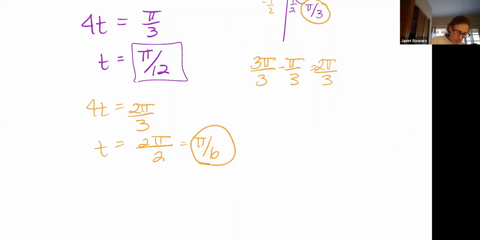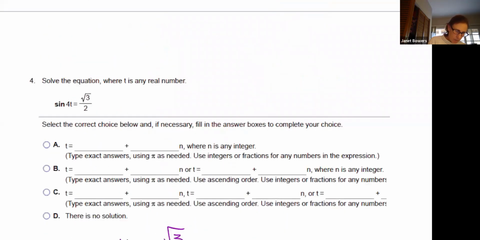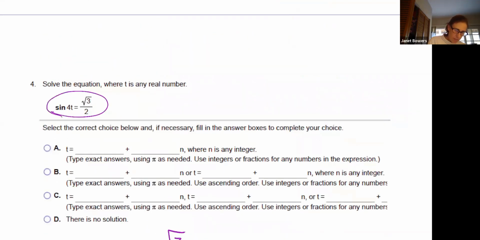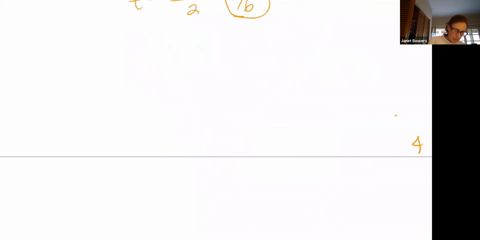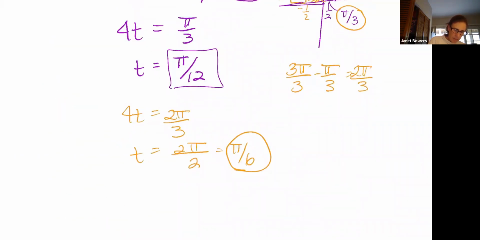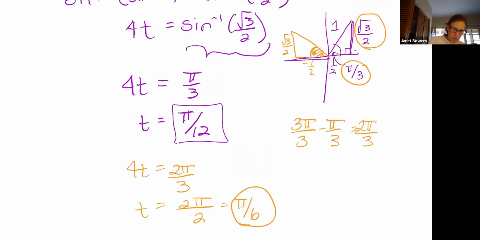So normally we could finish by saying that, going back up here, you want to find t. So we have the angle as pi over 12 and pi over 6, but that's going to be repeating every time theta goes around.